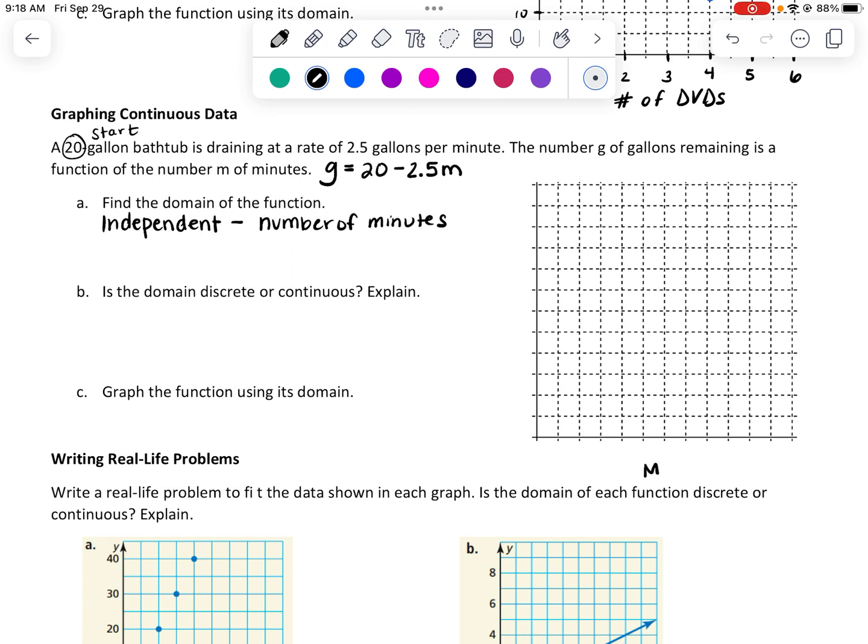So we're going to put minutes on the x-axis. My hint to you is that time is always independent. If you're ever struggling, if it has to do with time, it's always independent. And then the number of gallons.